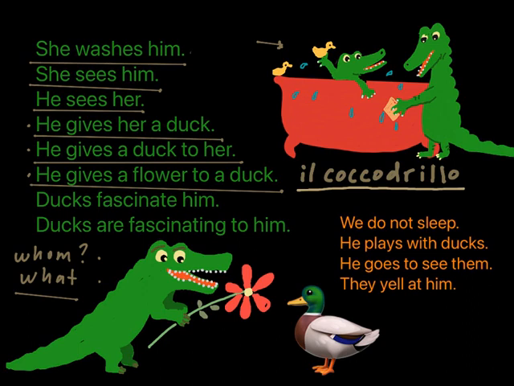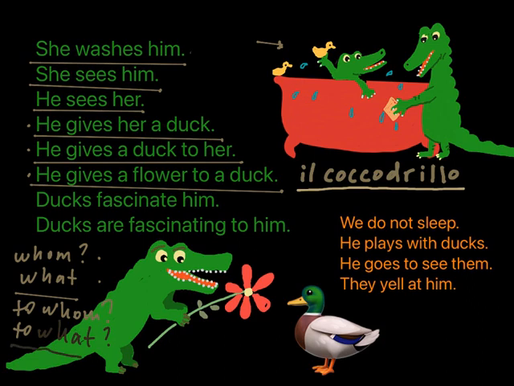To a duck answers the question to whom, to what. So we can write down here that to whom, to what will be the indirect object, while whom, what will be the direct one.